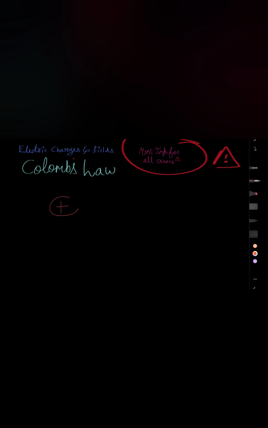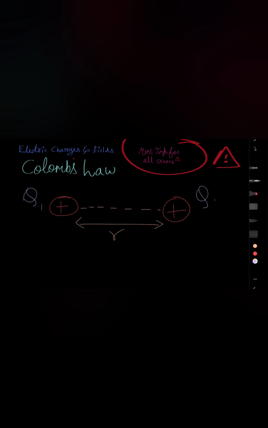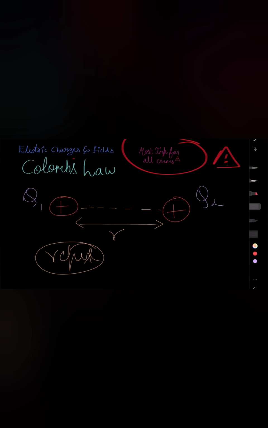If there are two positive charges, and the distance between these two positive charges is r, and let this charge be q1 and the other charge be q2, then both will repel each other, because there is a property that like charges repel each other.